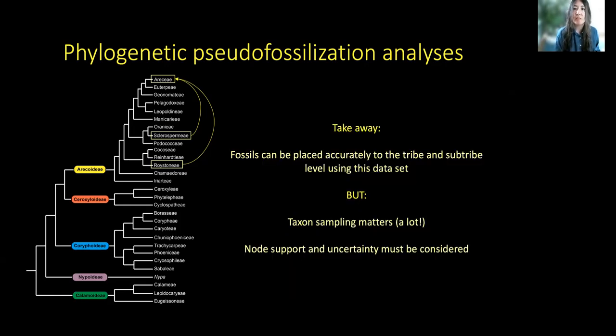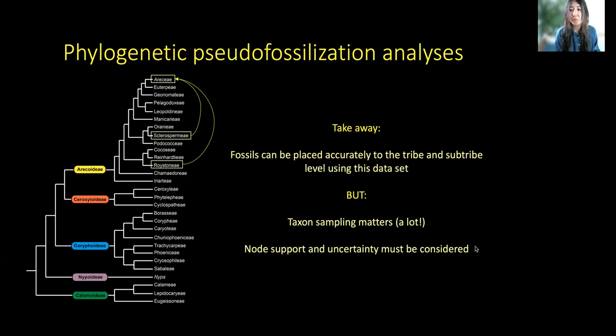So this leads us to several takeaways. I think we can accurately place fossils to tribe and subtribes with several caveats. First, taxon sampling matters a lot. As we saw with Sclerosperma and Roystonia, incomplete taxon sampling can lead to incorrect placement of taxa. And secondly, uncertainty and node support must be considered.